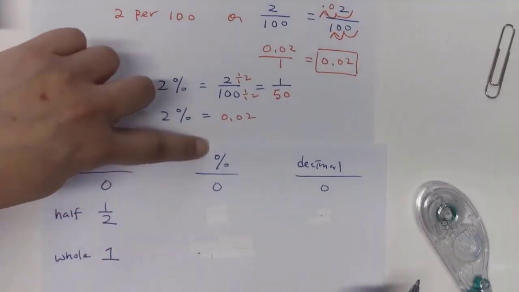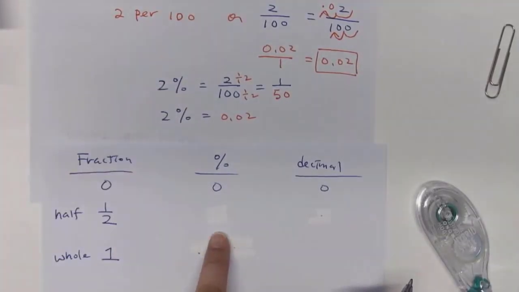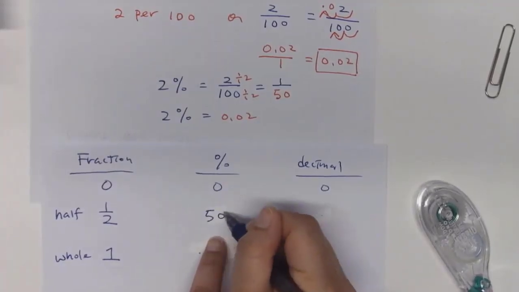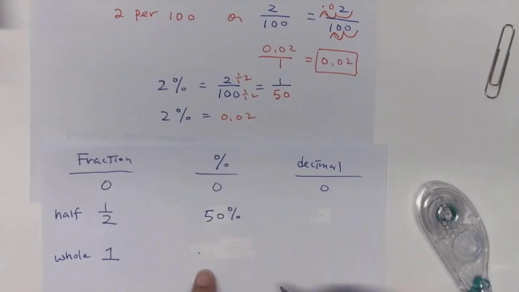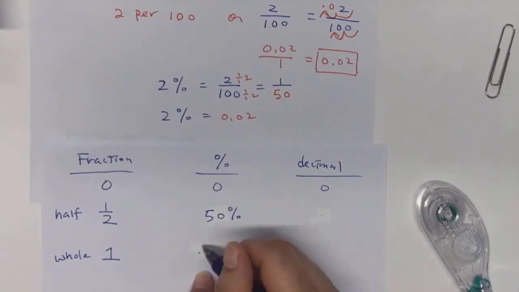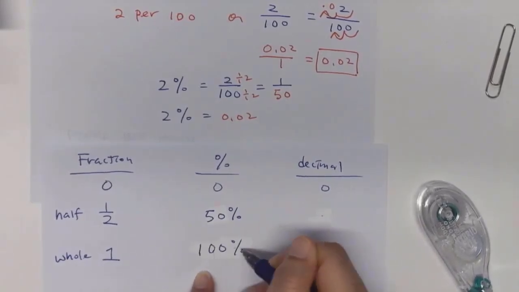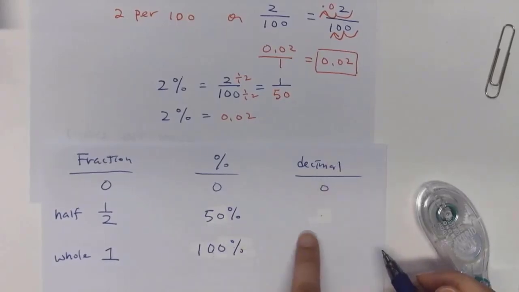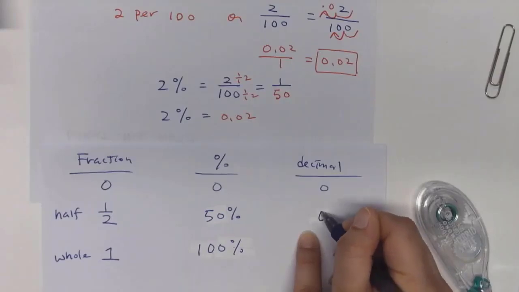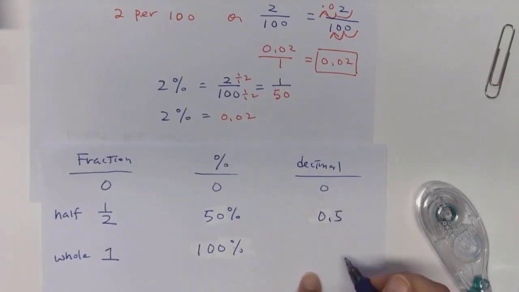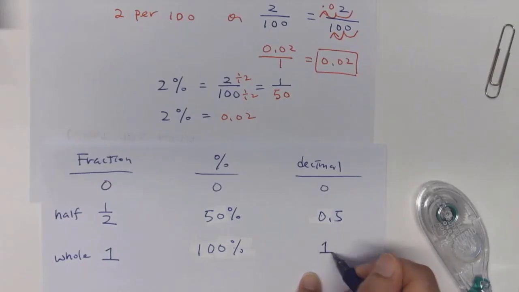For percentage, it would be 0. Half would be how many percent? 50%. And whole would be 100%. Okay. And then for decimal, half would be 0.5 and whole would be 1. Okay.